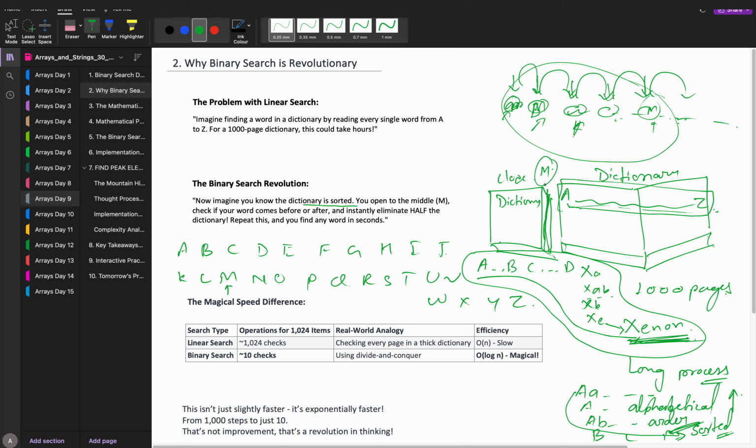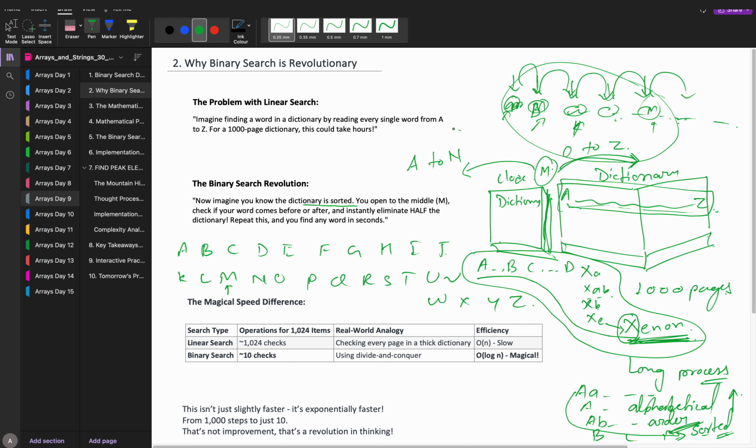So from here I can decide that all the pages before M have words starting from alphabets A to L, correct? And all the pages after M have words starting from alphabet N to Z. The word I am looking for starts with X. So where do I need to go further? Of course, I will move to the right hand side of the dictionary.